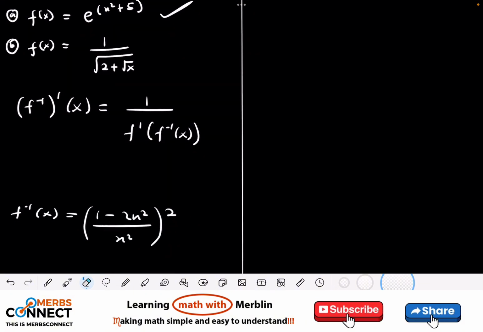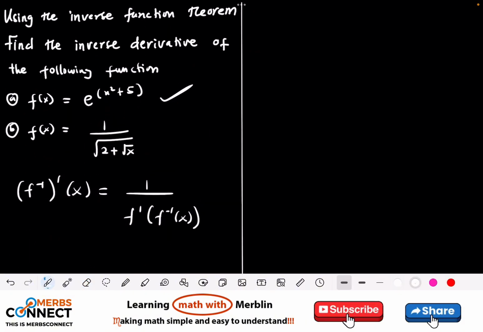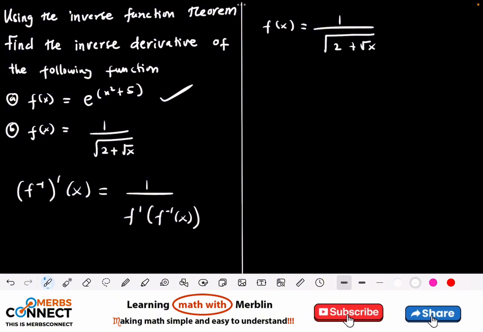Then the next thing is we need f prime. F prime is 1 divided by root of 2 plus root x. In one of my upcoming videos on derivatives, I will show you how to make your life simple whenever you are dealing with derivatives.